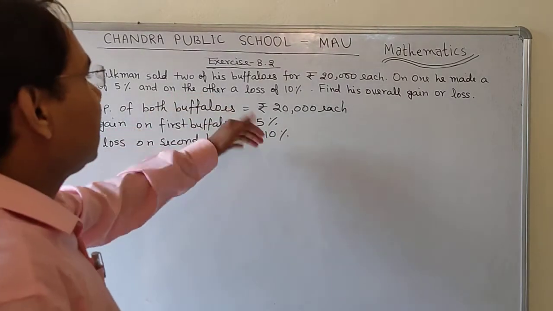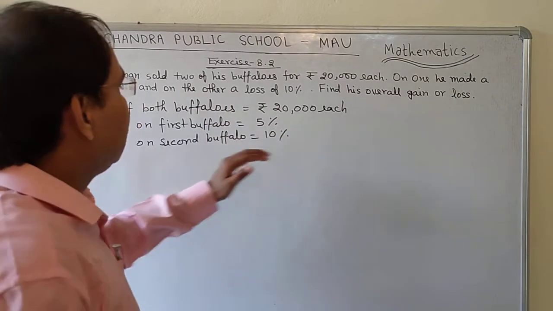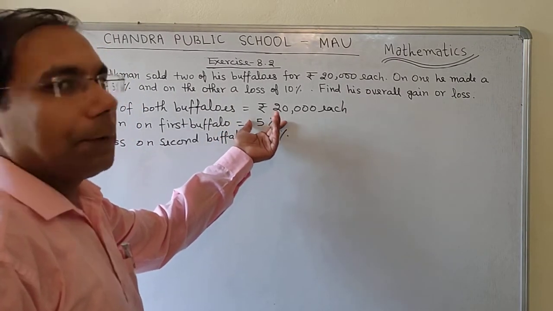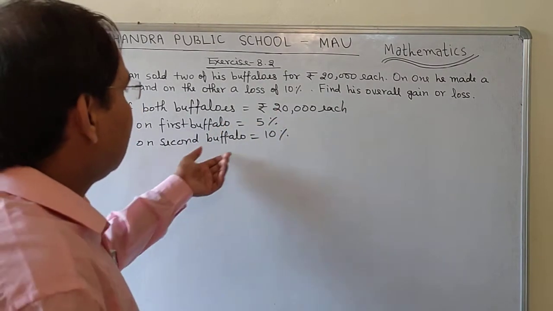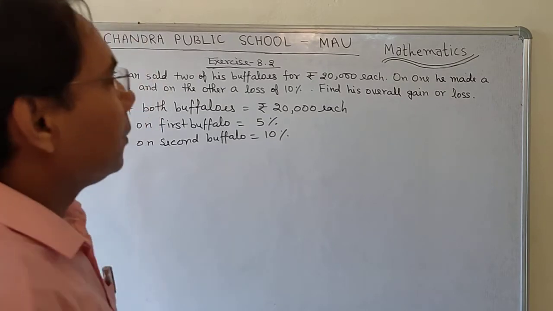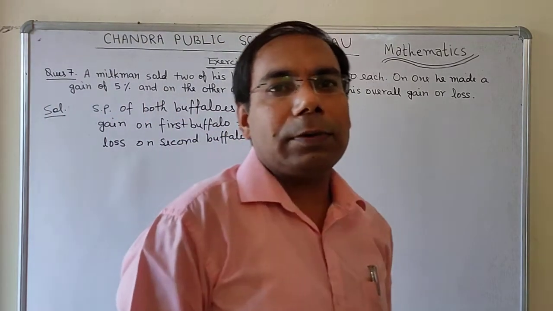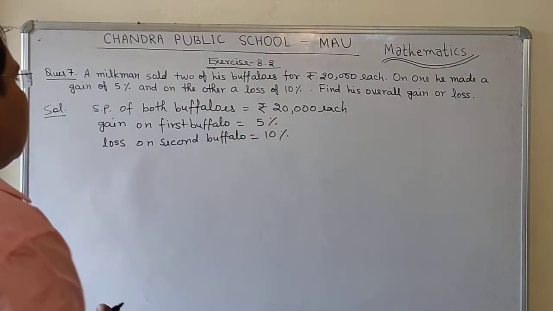So in this question, the selling price for both buffaloes is 20,000 each, with a profit of 5% on the first buffalo and a loss of 10% on the second buffalo. To find the CP, I have given a direct formula if you are given the selling price and gain.